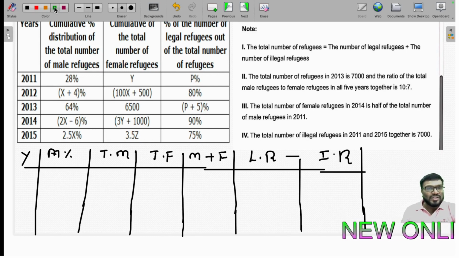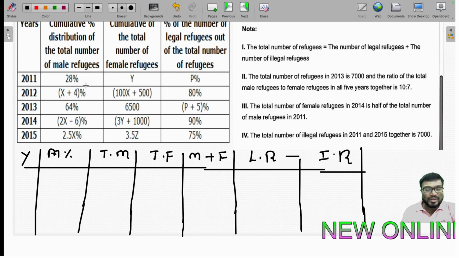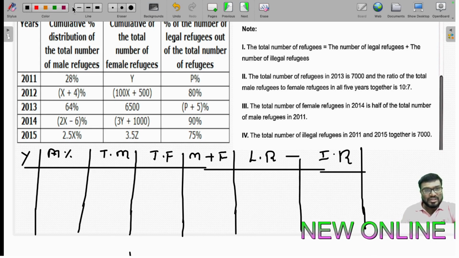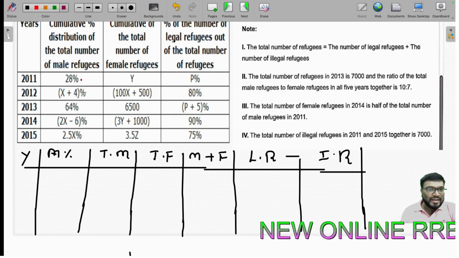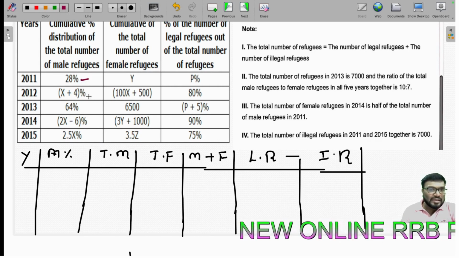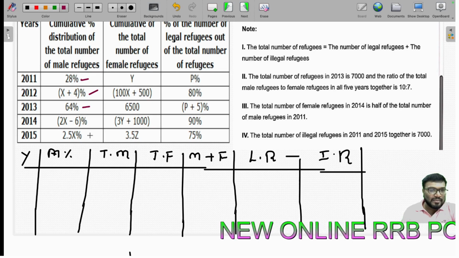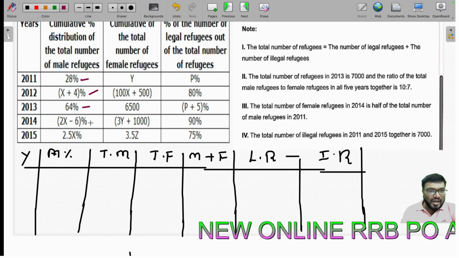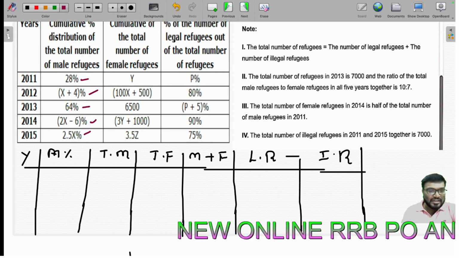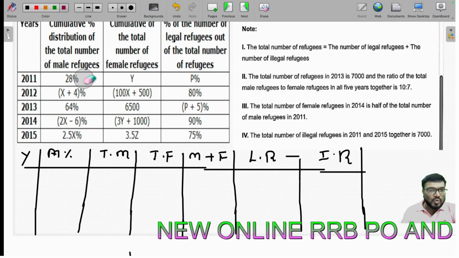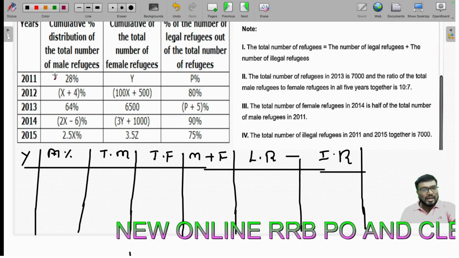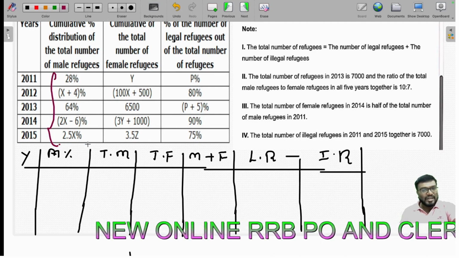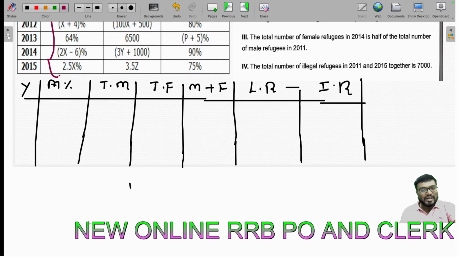Anyway, in mains you may have time, so we can first solve by the basic method. I told you 28 percentage. If I add this number, this number, everything in percentage, it totals 100 percentage.